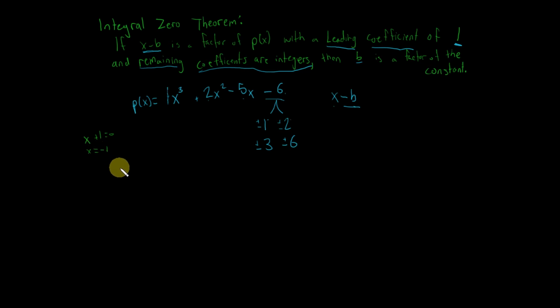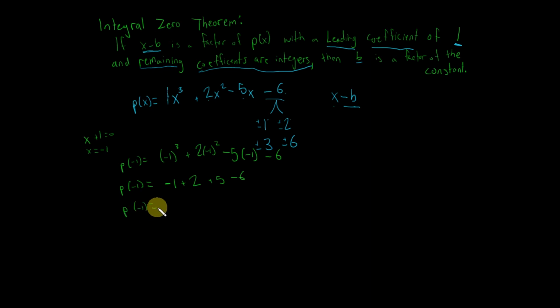So let's do p of negative 1 equals, and I'm going to sub in all of my x's as negative 1: negative 1 cubed plus 2 times negative 1 squared minus 5 times negative 1 minus 6. I'm not going to type this one in. This is to the power of 3, it's odd, so this is going to be a negative. Then this is going to be positive, so plus 2. This is going to be plus 5, and this is going to be minus 6.